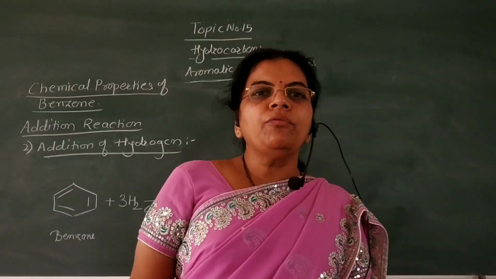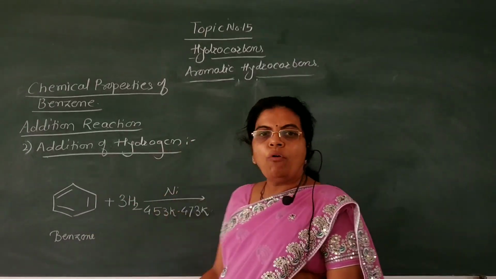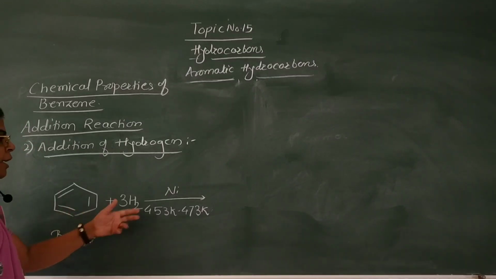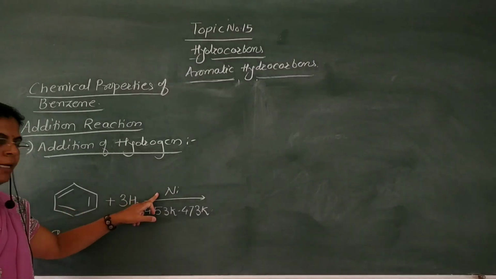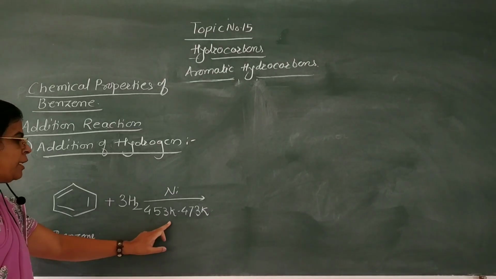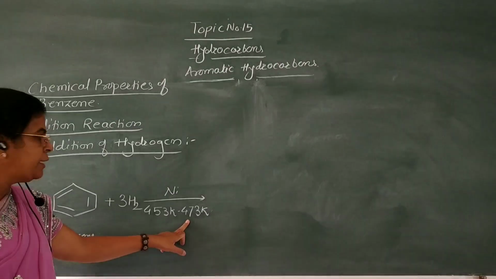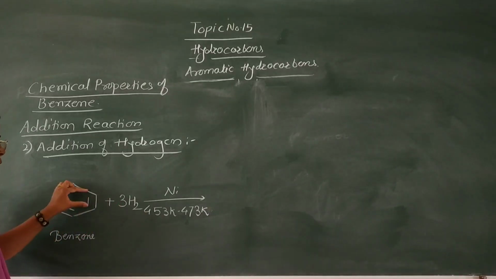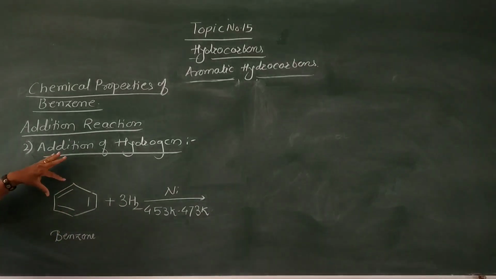The second addition reaction we are going to see is addition of hydrogen. Now here, when benzene is heated in presence of nickel catalyst at 453 Kelvin to 473 Kelvin, then 3 molecules of hydrogen get added across the double bond of benzene to form cyclohexane.